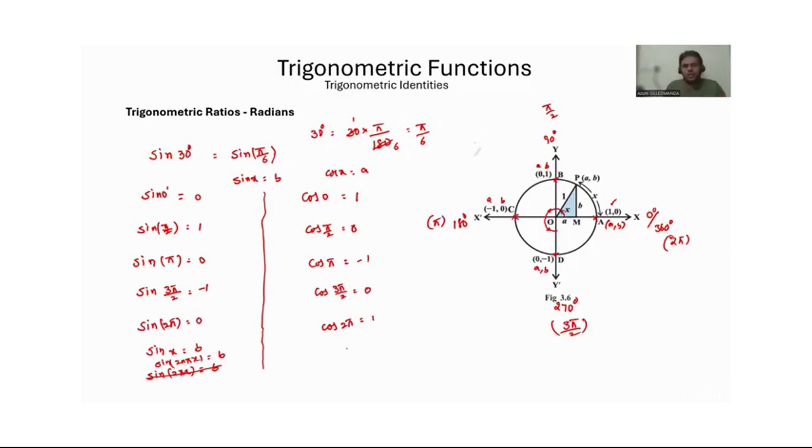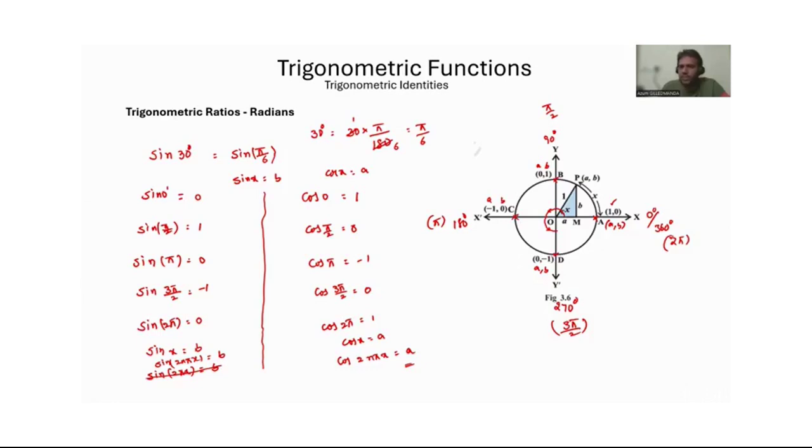Same principle is applicable here. That means if cos x is a, then cos(2nπ + x) will also be a. That means if it is making n revolutions, right? One revolution, two revolutions, three revolutions, four revolutions. If it is making a total 360-degree revolution, then the value for every 360-degree revolution will be the same.